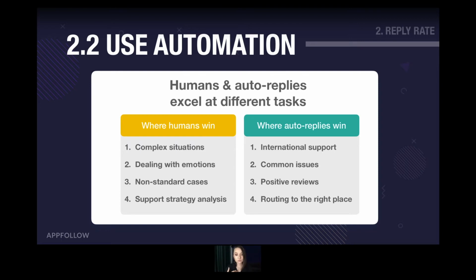International support, meaning the languages your team doesn't speak, common issues, things you already know and that happen once in a while for the app. Positive reviews probably don't need that much attention; a warm thank you would be enough. And routing to the right places: if, for example, there's a certain bug and a certain way around it, you don't have to do it manually every time. You can automate this and save time for your customer support team to focus on what's really important and complicated.